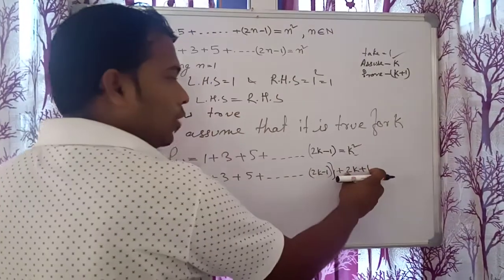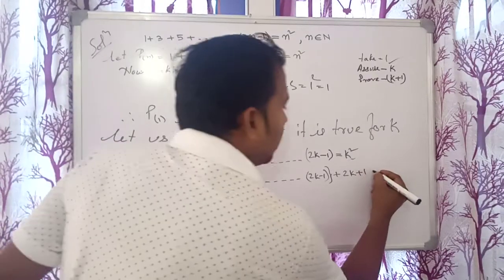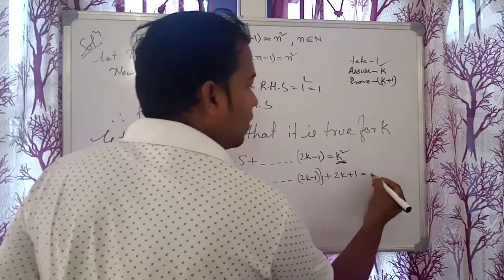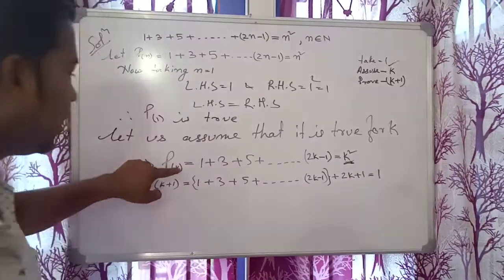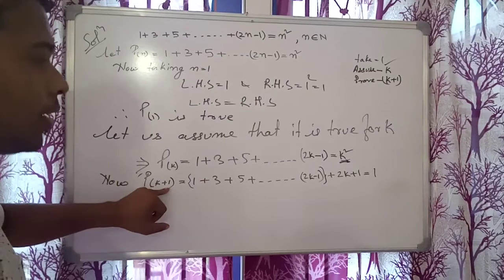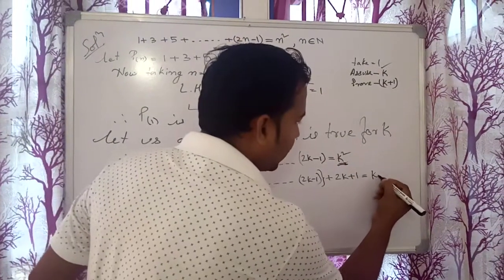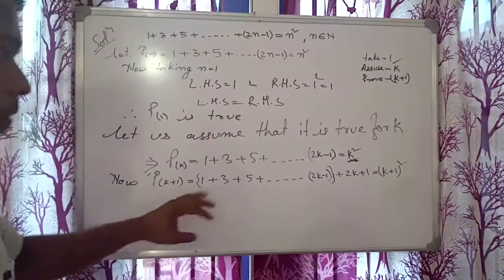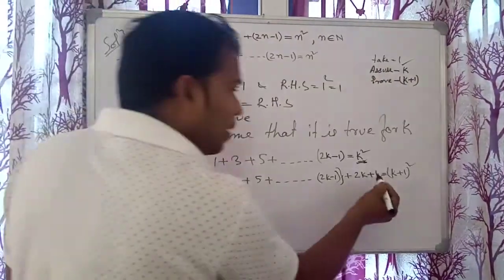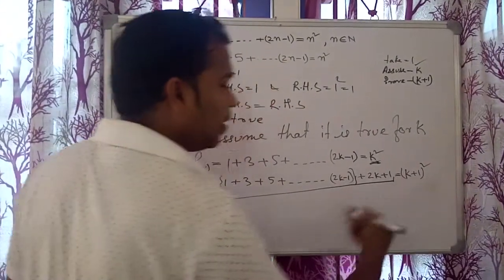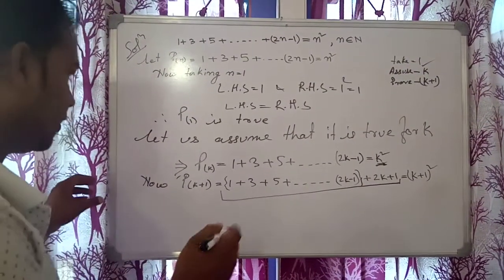We are adding this, and it is equal to, since this one is k, we write k square. But here this one is k plus 1, so you have to write k plus 1 whole square. Now you have to show this one is equal to k plus 1 whole square. Then this question is finished.